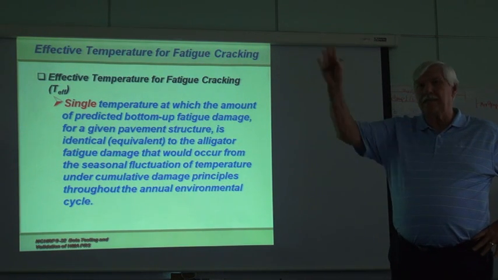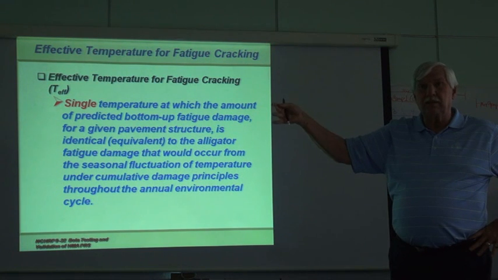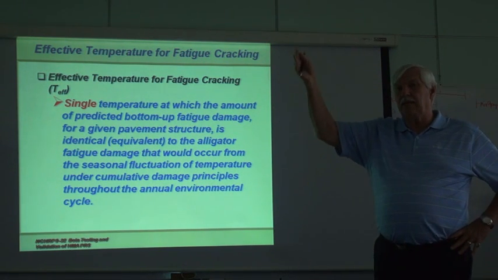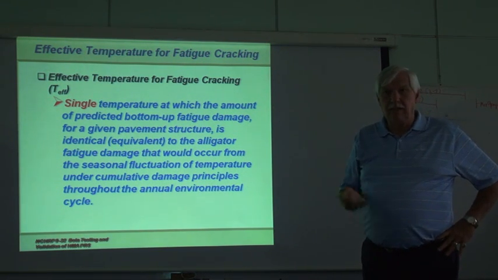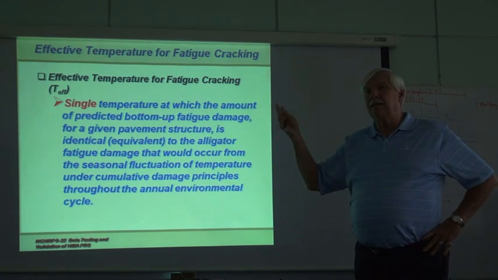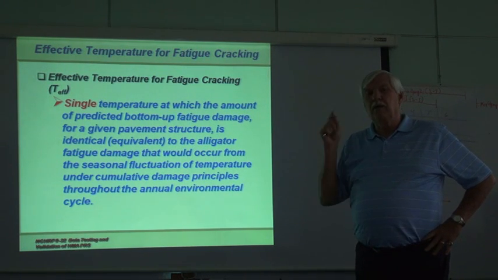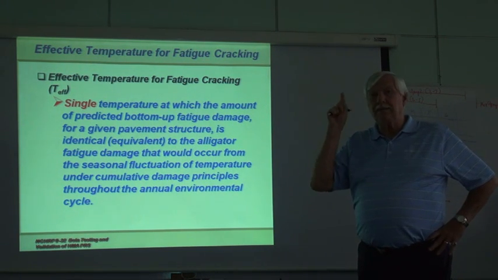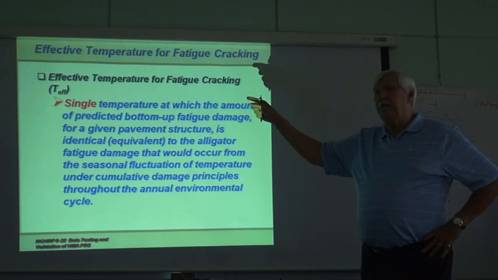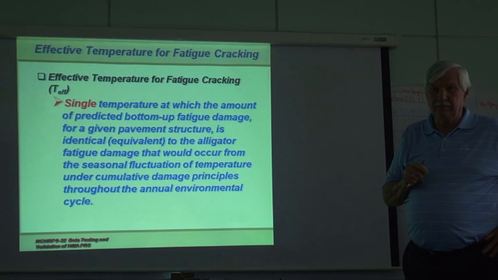I'm going to replace my master curve and all the different seasonal effects, whether I'm in Canada or Costa Rica, with a way that says, if I were using the simple approach, for example, in Costa Rica for rutting, what would be the one simple effective temperature that I would use to compute the E value?